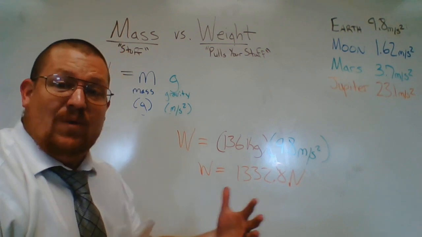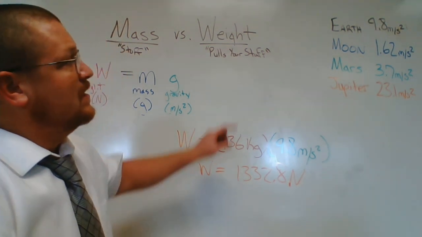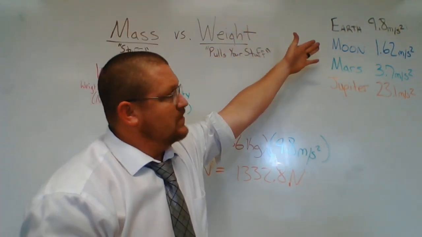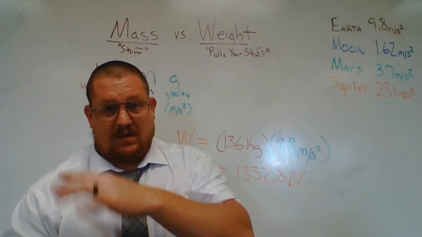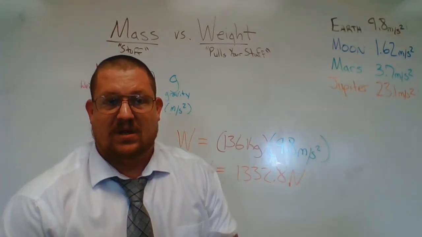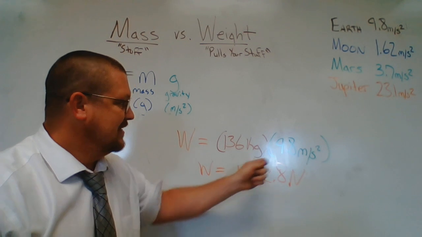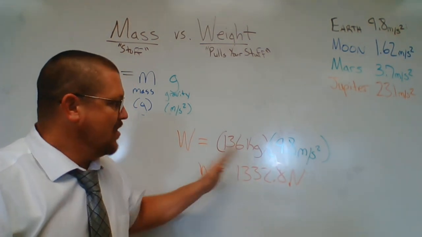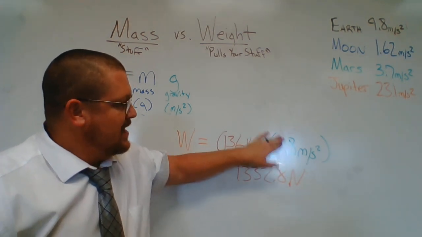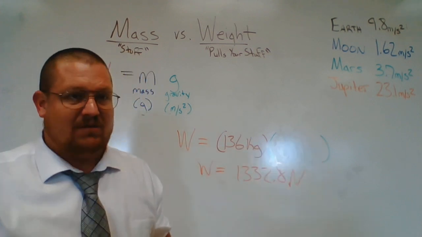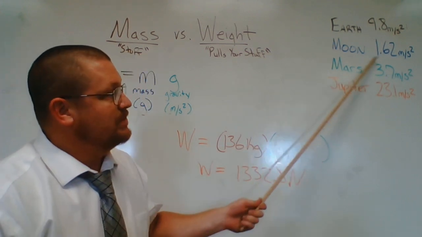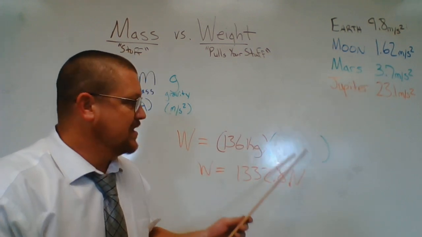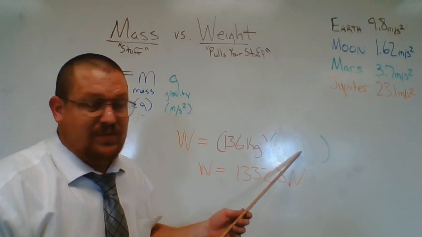Now, if I was asking you about weight on anything else, these are different gravity constants from different planets or the moon. So you could just replace the gravity. If we're talking about Earth, we use 9.8. If we were talking about the moon, we would plug in 1.62 meters per second squared because that's the gravity we'd use on that planet.